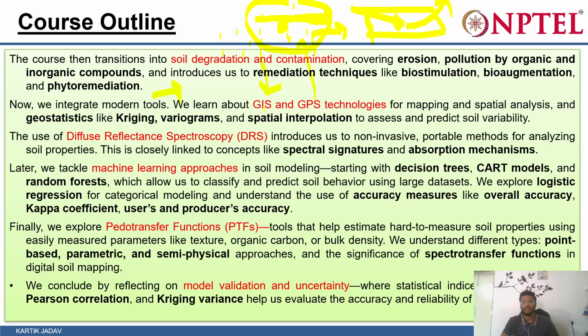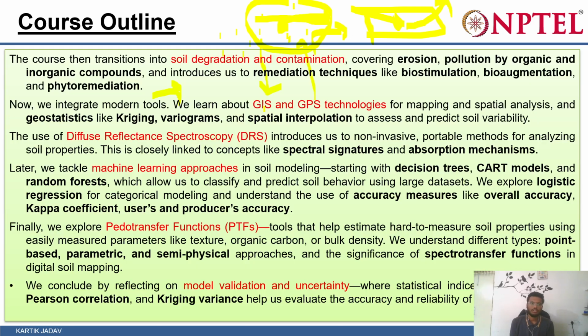So in GIS, we have learned the basics of mapping and spatial analysis, and then we have also delved into the advanced techniques of geostatistics like kriging, variograms, and spatial interpolation, and that helps us assess and predict soil variability.